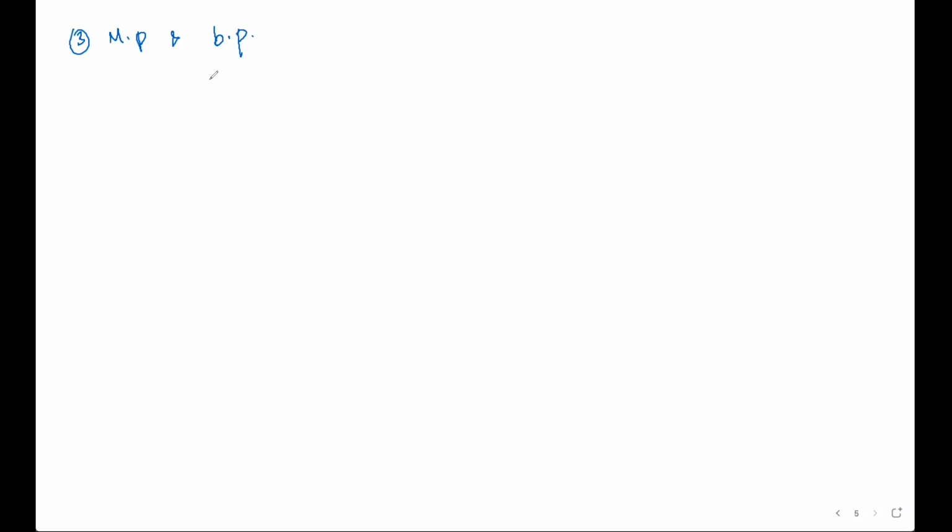If melting point decreases, why do you think the boiling point should increase? Oh, I said it the wrong way. Sorry. Both of them should decrease.